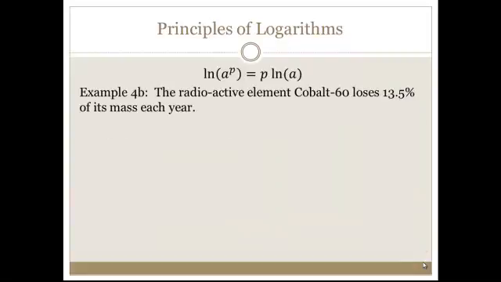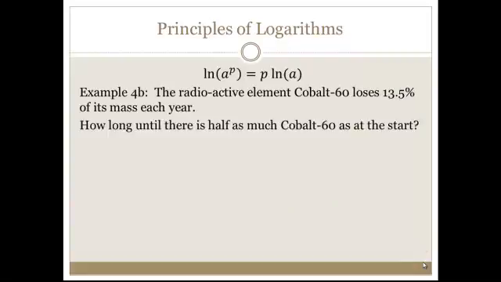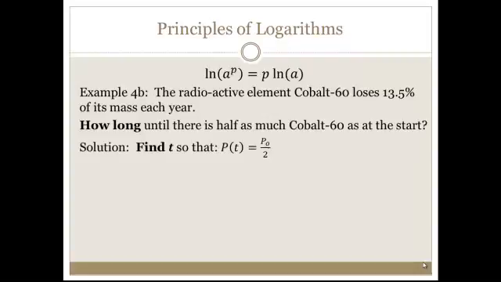Let's revisit our example by asking the question, how long until there is half as much cobalt-60 as at the start? Notice here, we're not saying how much we started with. Still, the phrase how long is saying find T. Here, we want to find T so that P of T equals 1/2 P naught, our starting amount. Since we don't know the starting amount, the model for P of T is P of T equals P naught times 0.865 to the T. And we want to know when this equals P naught over 2.